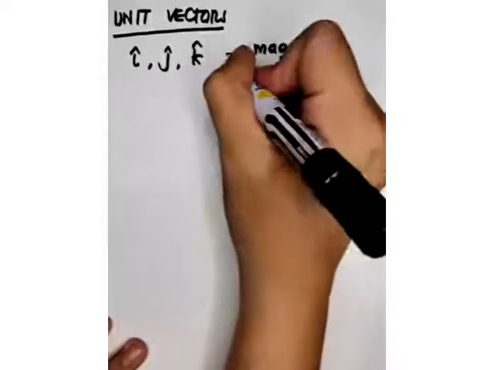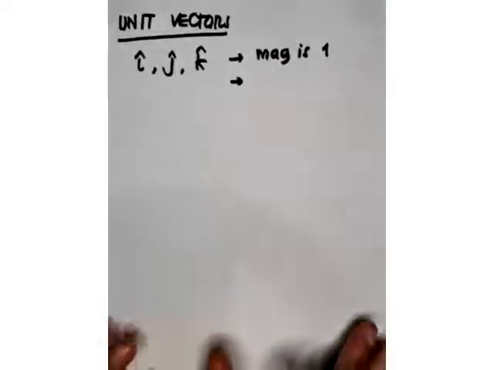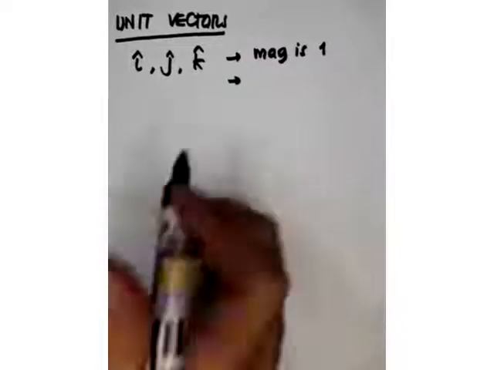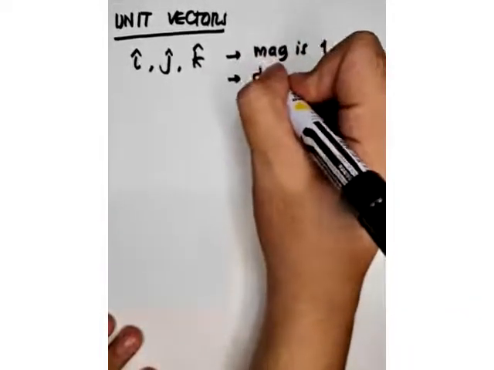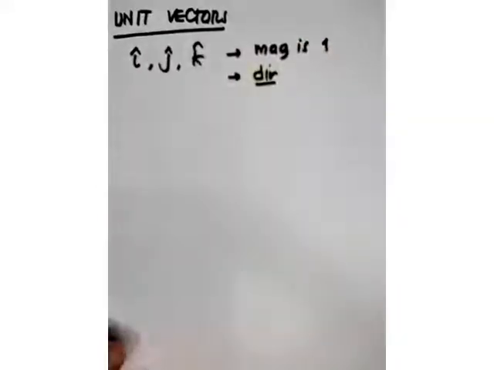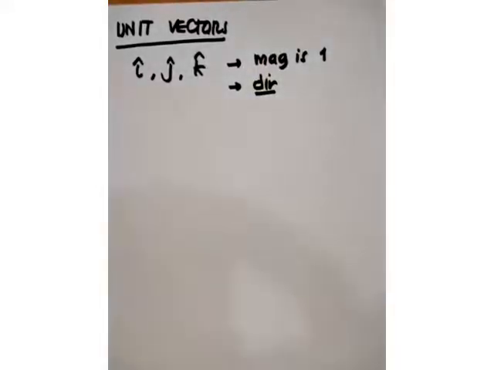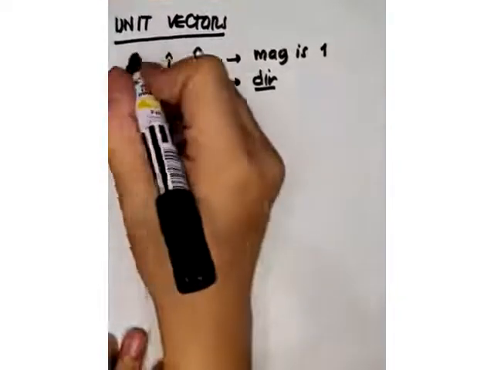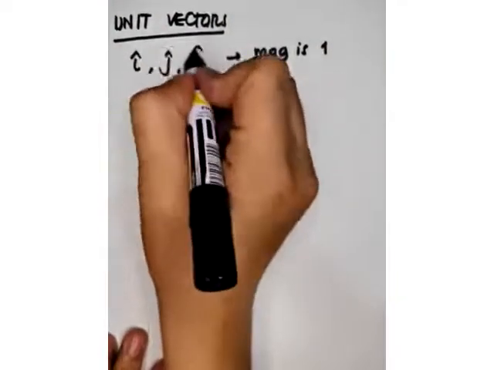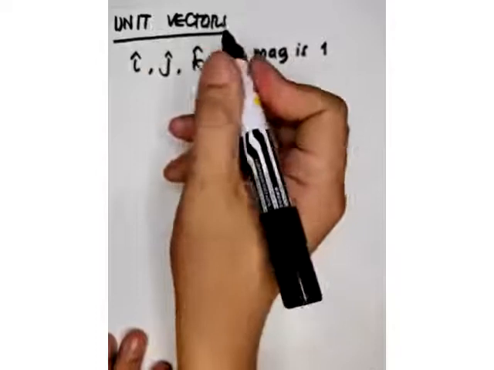At wala silang ibang role or use kundi mag-decide lang ng direction. Pang-direction lang talaga sila. So pag nakita mo sila, automatic alam ko na ito ang direction. Ang I hat, J hat, K hat ay mga symbols ng unit vectors.